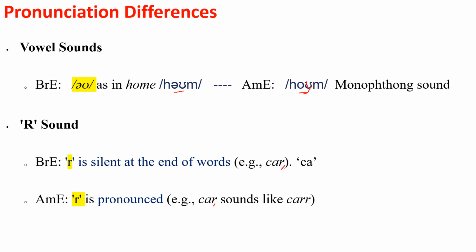So you have to remember these three rules in British English: R is silent after a vowel, before a consonant, and at the end of words or syllables. Whereas in American English, R is pronounced.